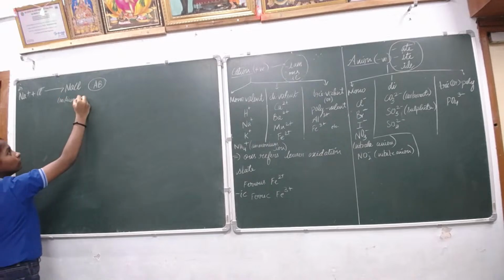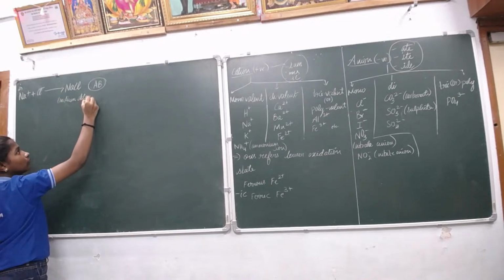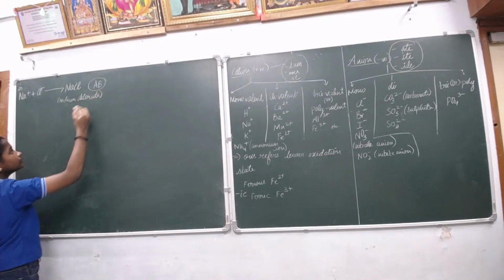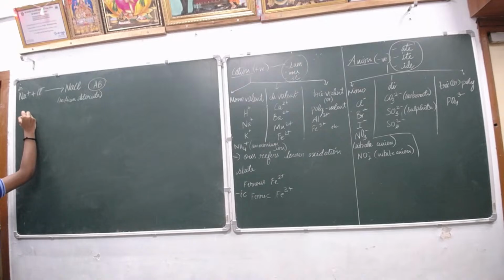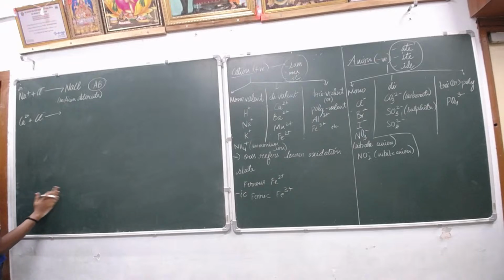Similarly, let me take calcium 2 plus, calcium, and Cl minus, that is chloride. In that case, this is 2 plus, this is minus. You can multiply this by 2, because when you combine the ions to get a molecule of no charge, it should be neutral.